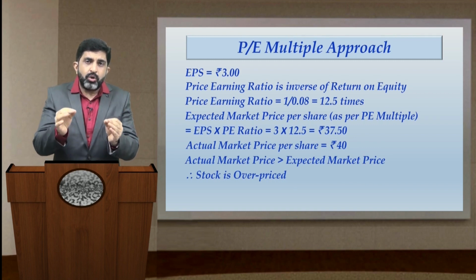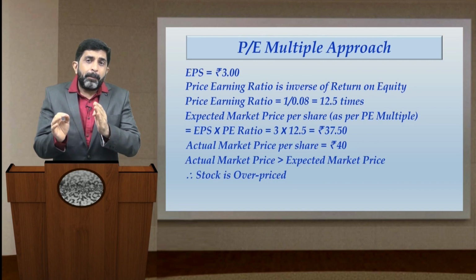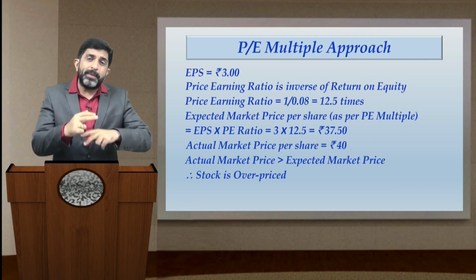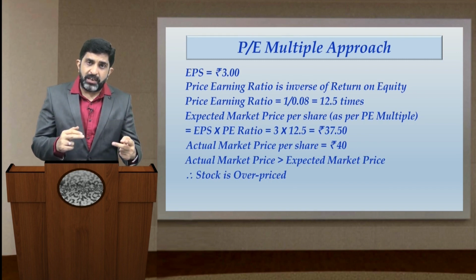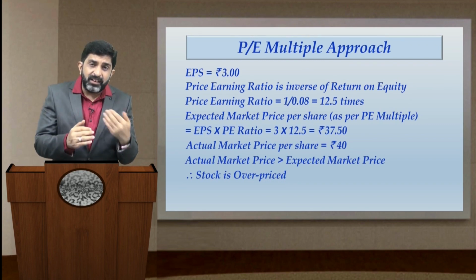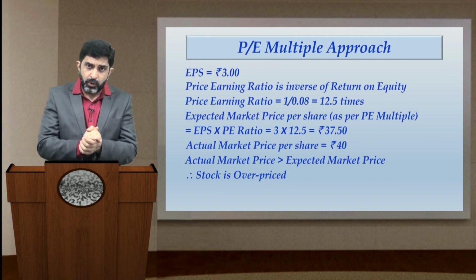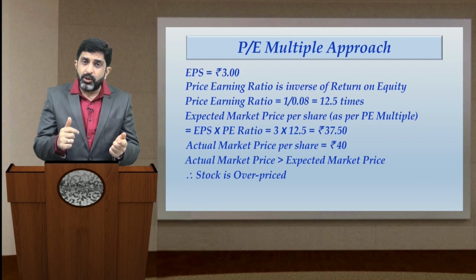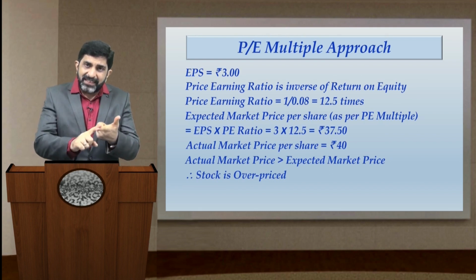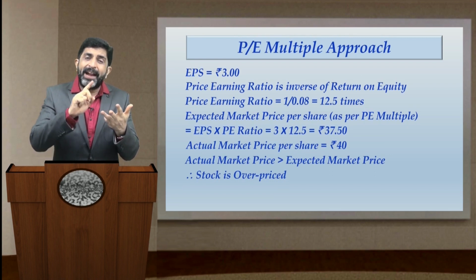From this point onward, fit this concept into your mind that price earning ratio would be the inverse of return on equity. Alternatively, if you want to figure out return on equity, you can take the inverse of price earning ratio.